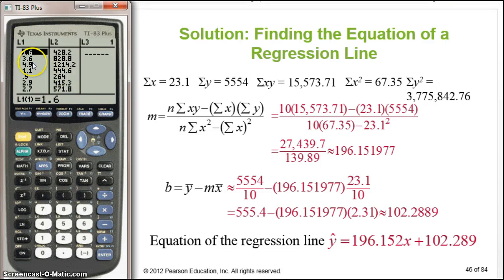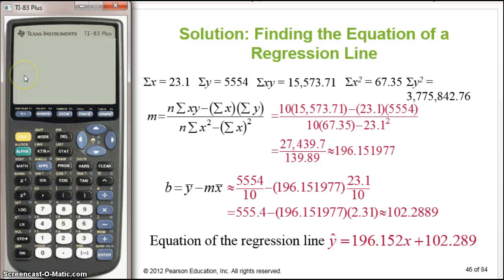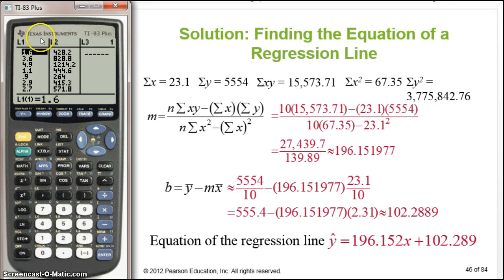Well, 7 wasn't ever used to generate the best fit line, so it really doesn't make sense to estimate carbon dioxide off of a value that was never really incorporated into the best fit line equation. So what I mean by that is the point that you're plugging in for x does not have to be a point that you've already plugged in to your list, okay?